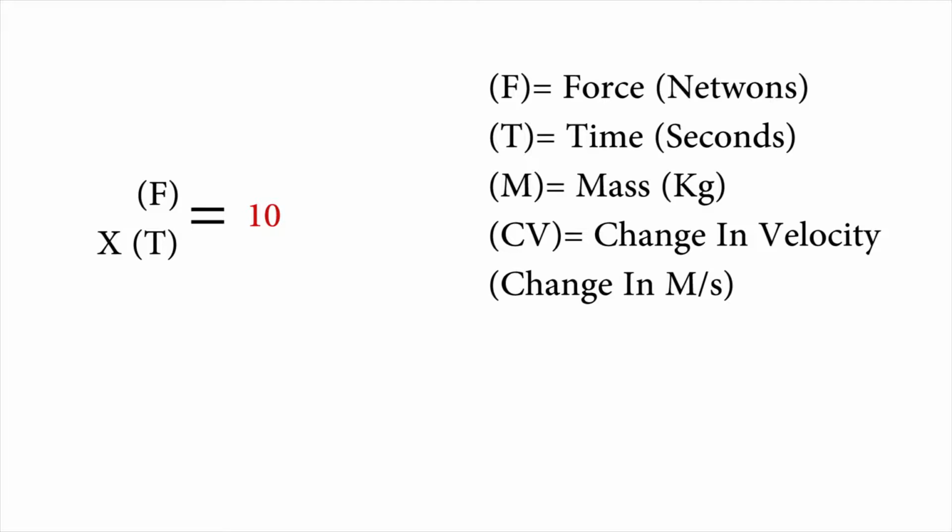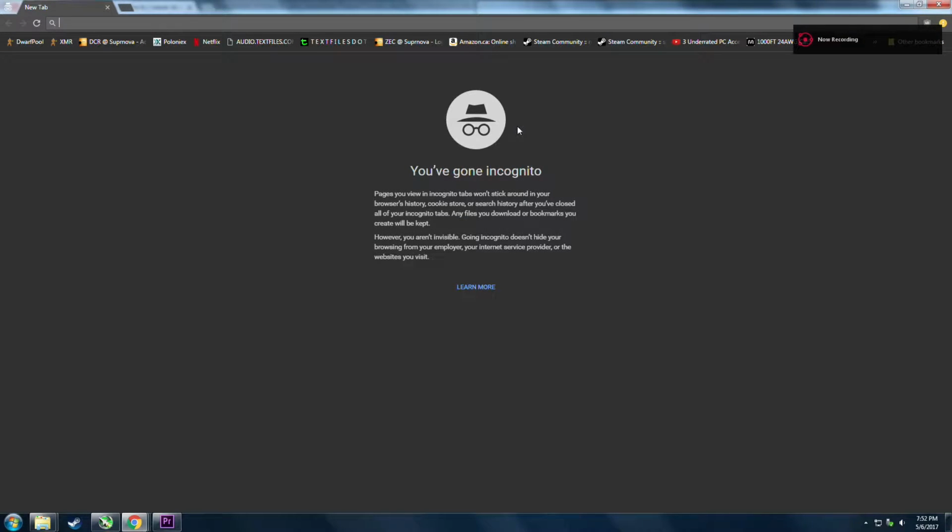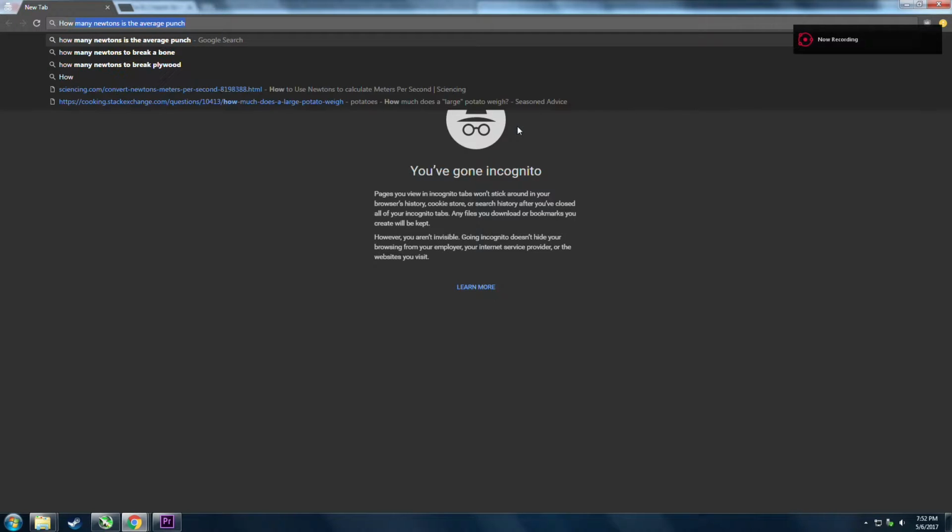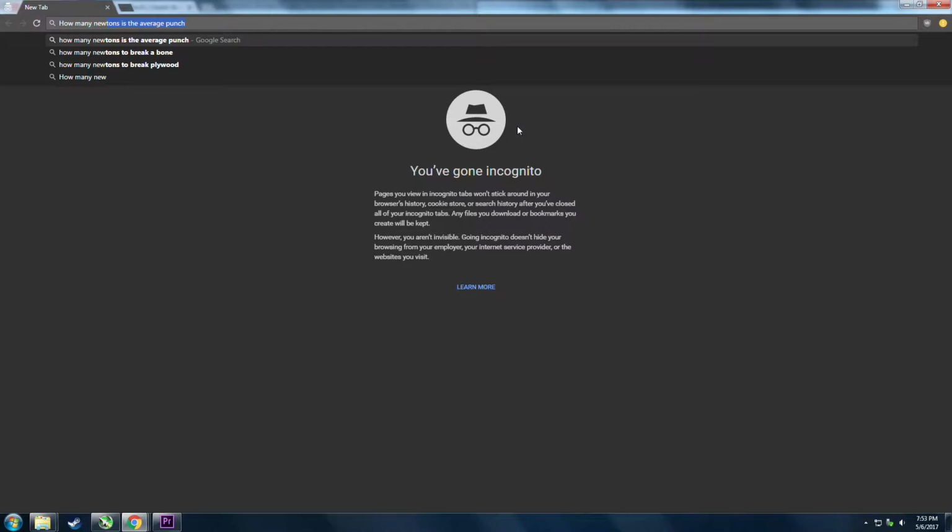So we have to move time over to the other side. And inserting our value will give us divided by 0.0012 instead of multiplied by 0.0012. So 10 divided by 0.0012 gives us 8,333. So really what I want to find out is how many newtons does it take to break a bone?